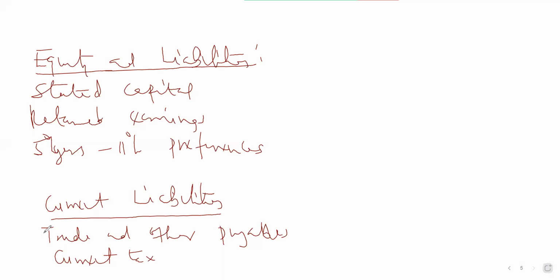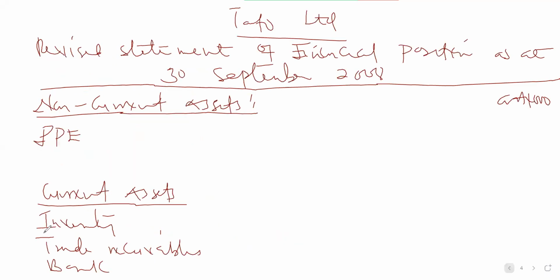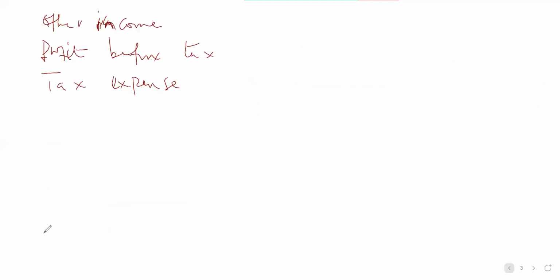The company, however, has not incorporated all relevant financial information pertaining to the year ended 30th September 2008 in the draft financial statement. The following may be relevant. A. Included in property, plant, and equipment is a production machinery acquired in October 2005 at a cost of 3.25 million.